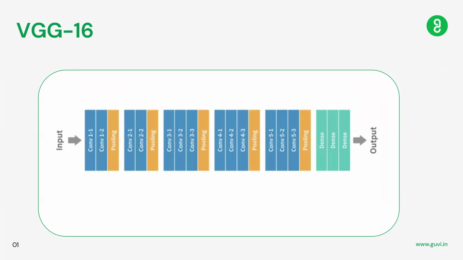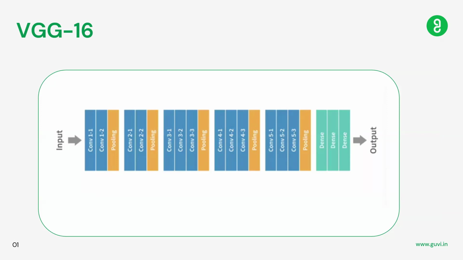VGG16 has 13 convolutional layers labeled conv1_1 to conv5_3, as you can see in this image. These use 3 by 3 filters to extract information from the input maps. The max pooling layers are there for reducing feature map size.